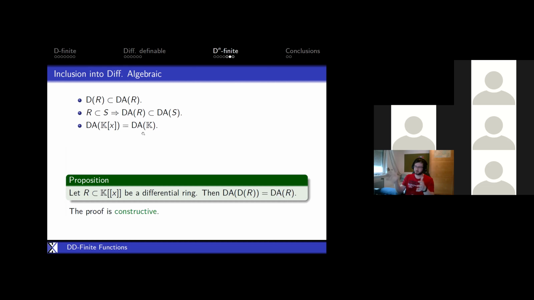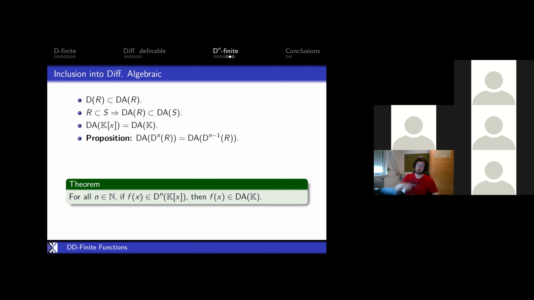And this is the main result of this area: if you have a differential ring, it's true that the differential algebraic functions over the differentially definable functions over the ring R are just differential algebraic functions over R. And this proof is constructive, you can get the non-linear equation from the linear equations of the coefficients of this polynomial. And a consequence of this result is that every DD-finite function is differential algebraic.